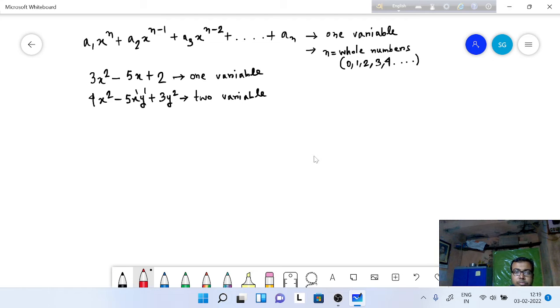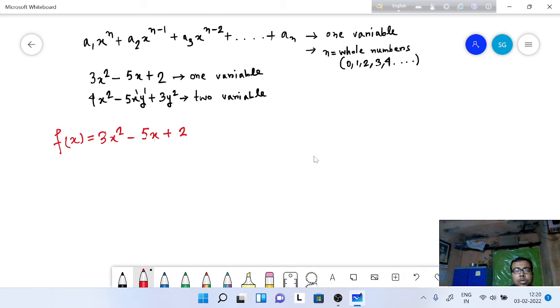Now we can rename all the polynomials like this. See, here the variable is only x, so we can rename this polynomial like this: f of x.